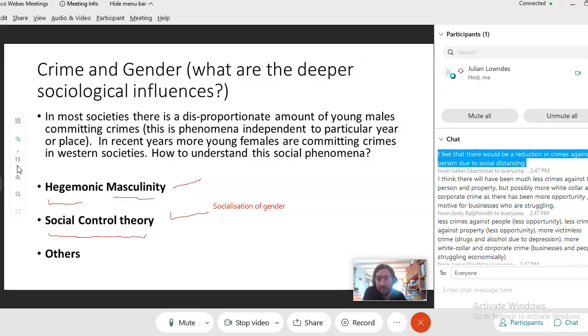The fact that not everyone can achieve this causes a high proportion of the male population to seek out power and influence in other ways by committing crime. So that's an interesting causal sociological explanation for the higher amounts of younger males committing crime in various societies and places around the world.